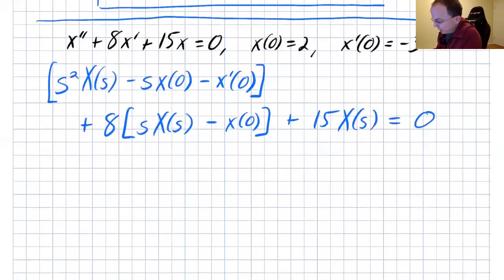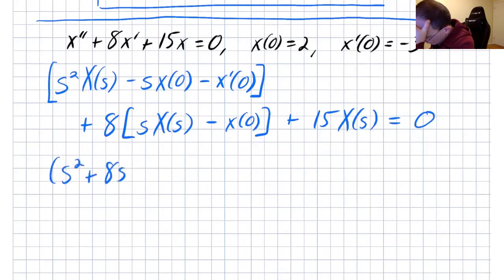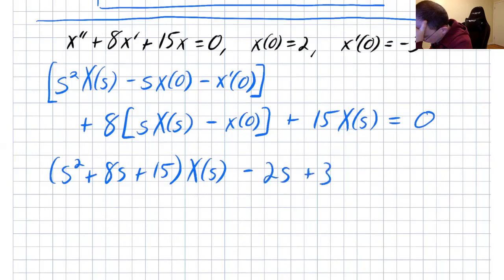Now let's plug in our initial conditions and rearrange everything. So we have s squared plus 8s plus 15 times x of s. And then we have minus 2s plus 3, and then minus 8 times 2, so minus 16, and that is equal to 0.